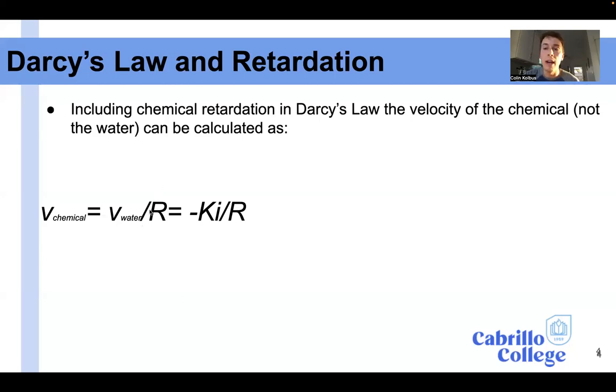And so when you divide by a number greater than 1, your velocity is going to decrease. And in terms of Darcy's law, that is negative Ki, our hydraulic gradient, dH/dL, divided by R. So we're slowing the velocity at which this chemical moves.